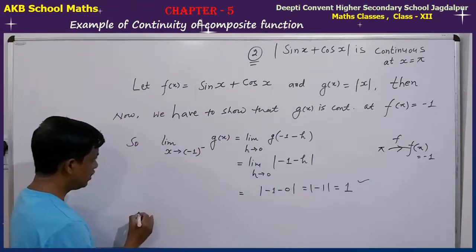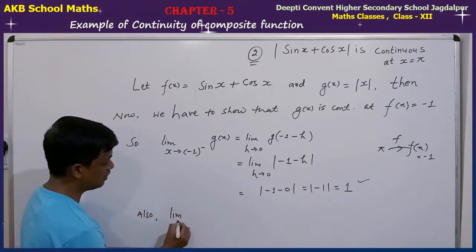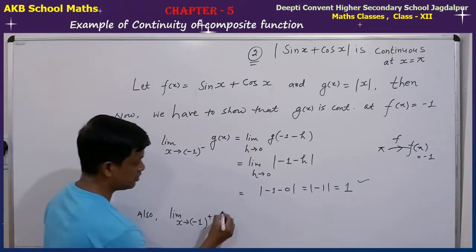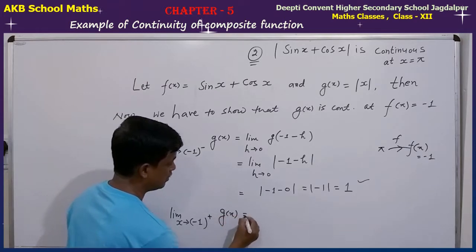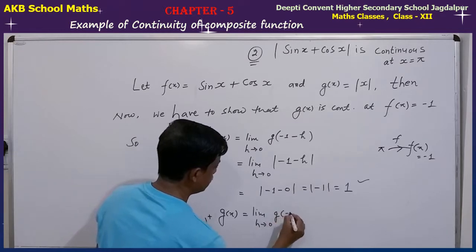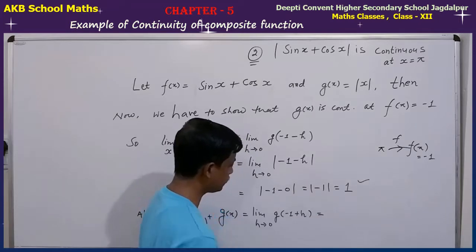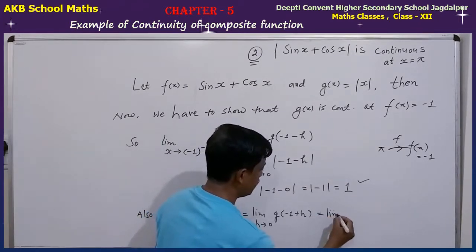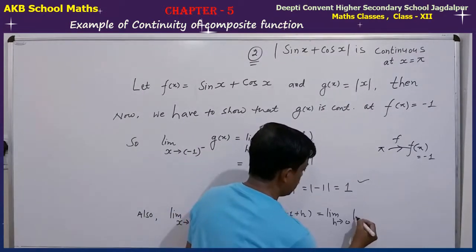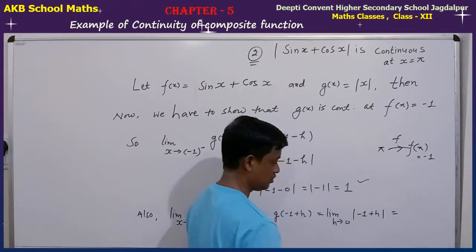Similarly, also the right hand limit, x tending to -1 from the positive side. So you can find like this, limit h tending to 0 of g(-1 + h), which equals the limit h tending to 0 of |-1 + h|.